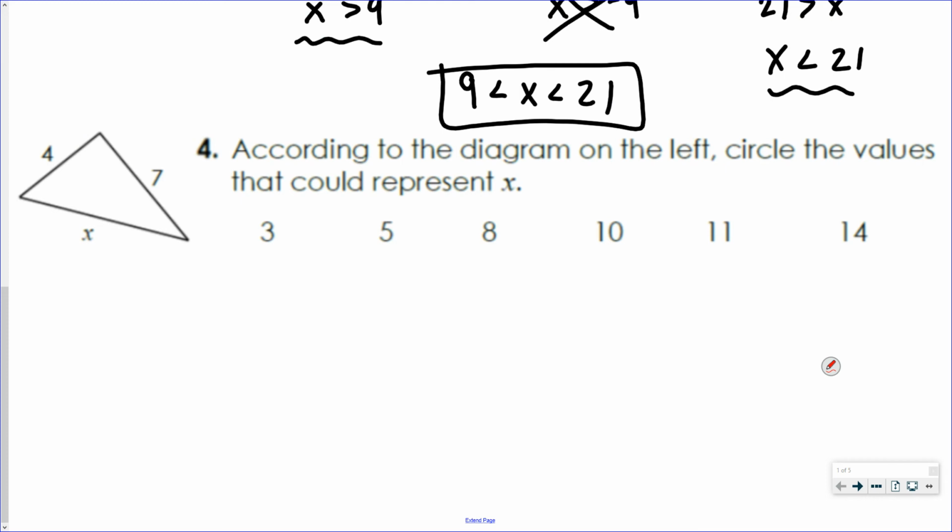Number 4. According to the diagram on the left, circle the values that could represent X. Okay, so similar to the last problem, I'm going to set up my triangle inequalities, where I know each two sides, their sum has to be greater than the third. So I'm going to set up all my possibilities here. It doesn't matter what order you do them.